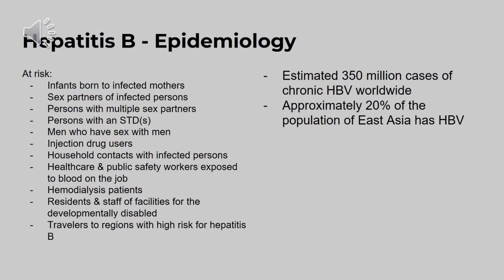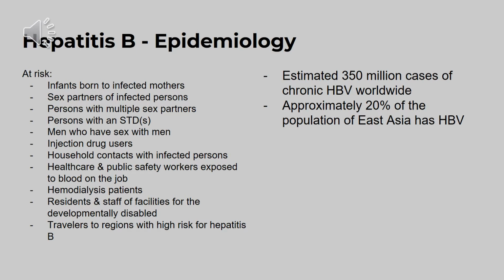So we'll now discuss the epidemiology of hepatitis B. I'm not going to read this entire list of who is at risk for Hep B. Once again, this list comes directly from the CDC website. A few things that I did want to point out, just some differences that we see in this list compared to Hep A. For Hep B, those at risk could be infants born to infected mothers, so that's one difference.